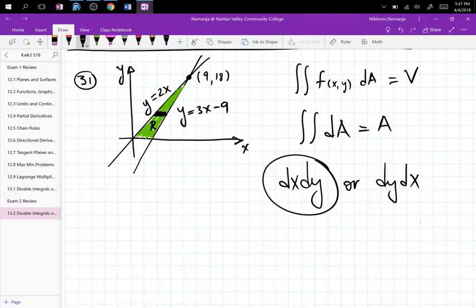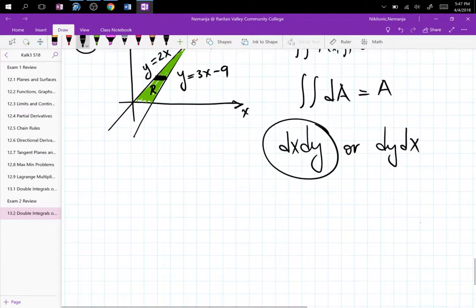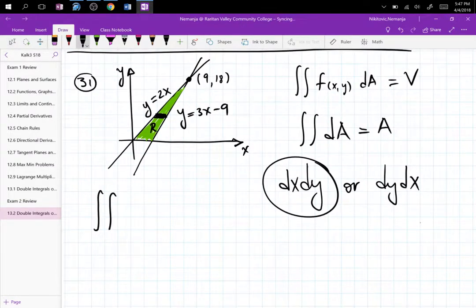So now to set this up, we will have a double integral. We are going to use 1 as the integrand because we are looking for this area, and we have dx dy. The next order of business is to put the limits. The outer integral is y, and those have to be constants.